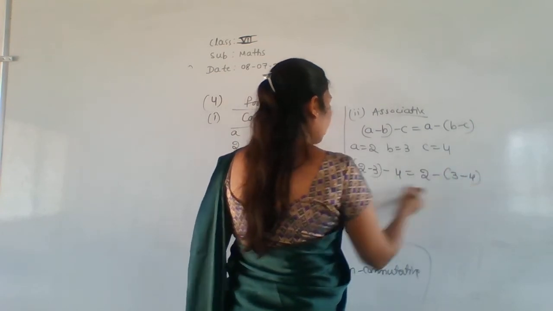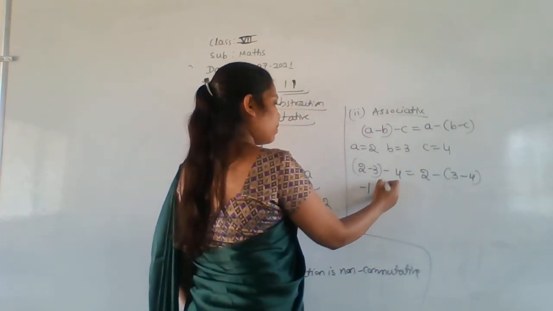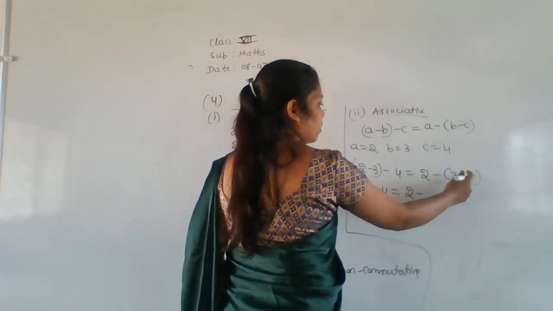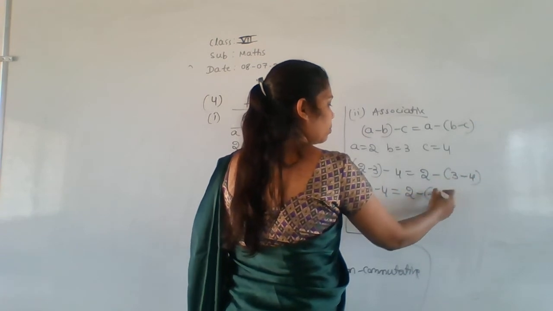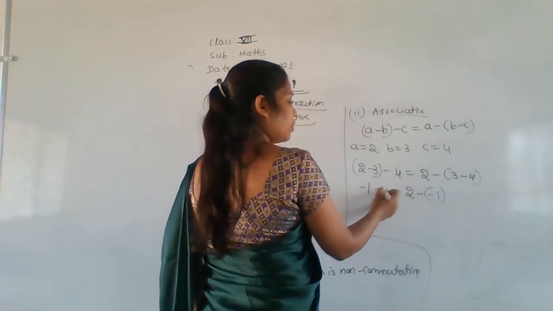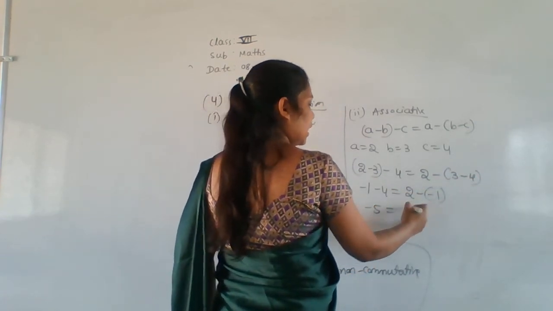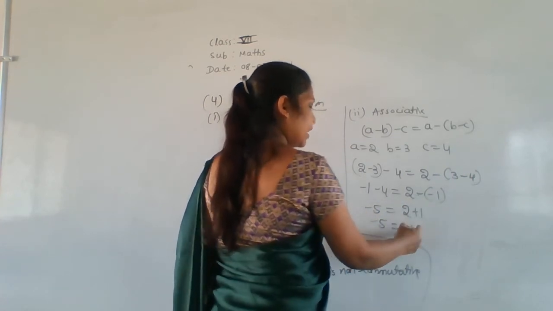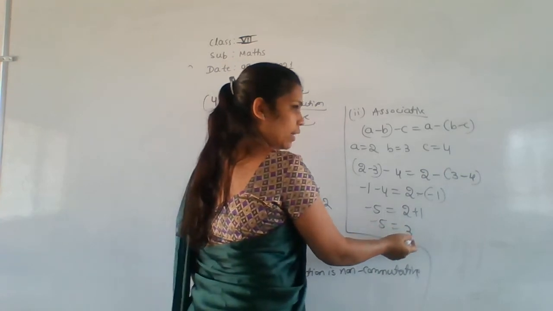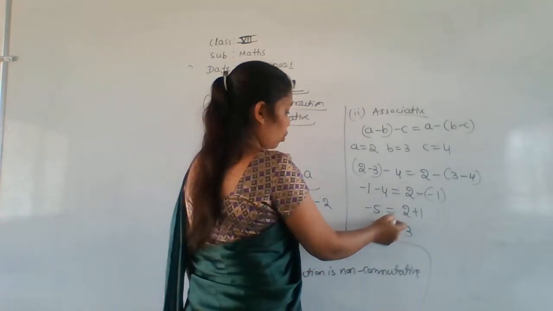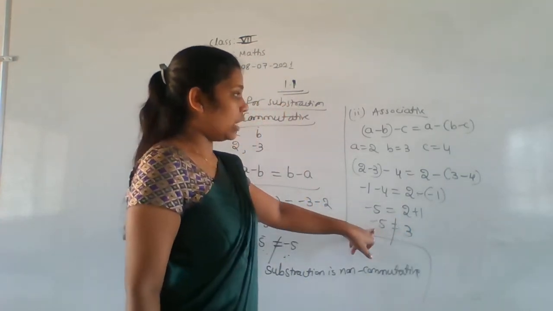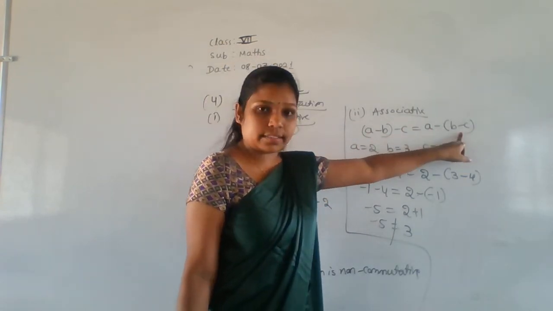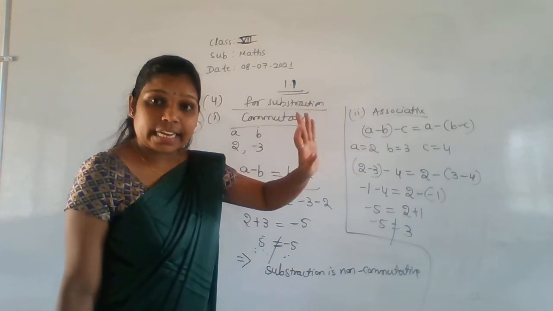And (2 minus 3) minus 4 is minus 1 minus 4, which is minus 5. Are minus 5 and 3 equal? Not equal. So this is the associative law.